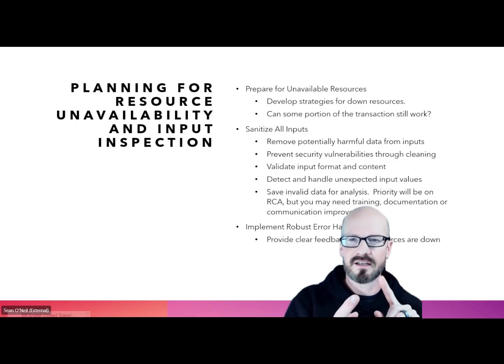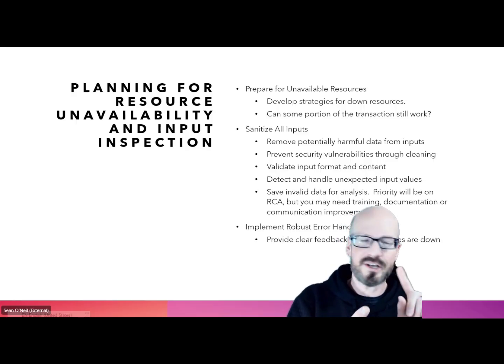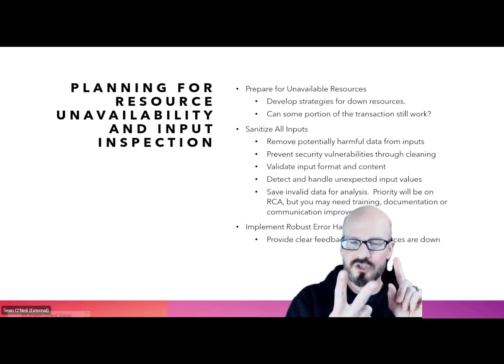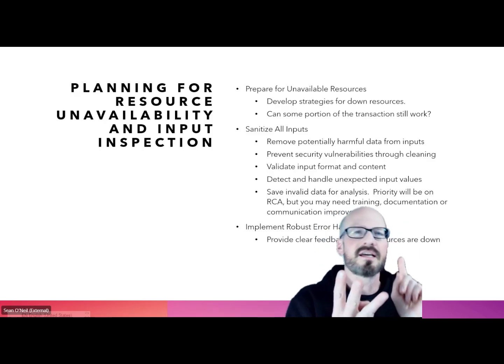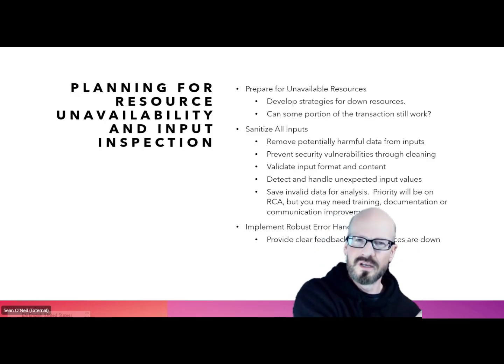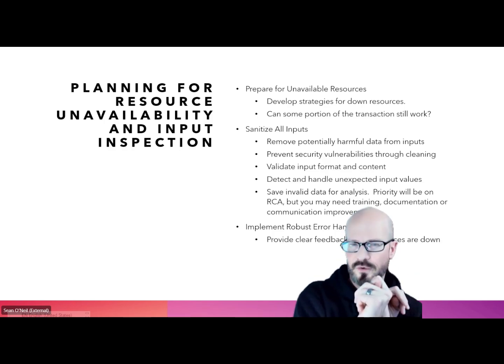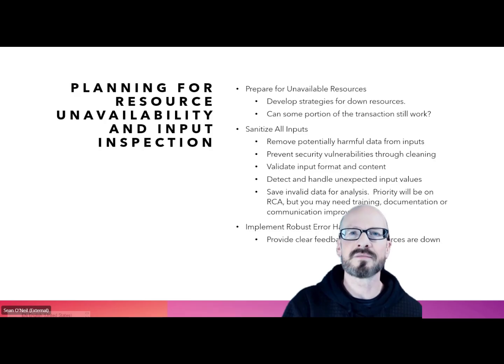And if that branch is no good, you can at least save that information locally, send an error message to the consumer about what's going on, and then possibly retry that connection in the background until it becomes available again.